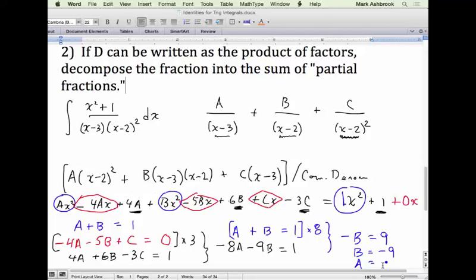And then is there an easy way to get c? Maybe this one, since the c is already ready to go. So C would be positive 4a plus 5b. So 40, negative 5?